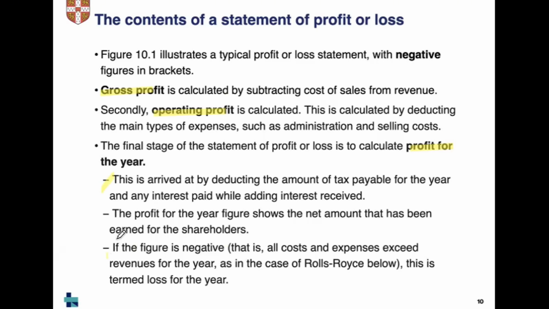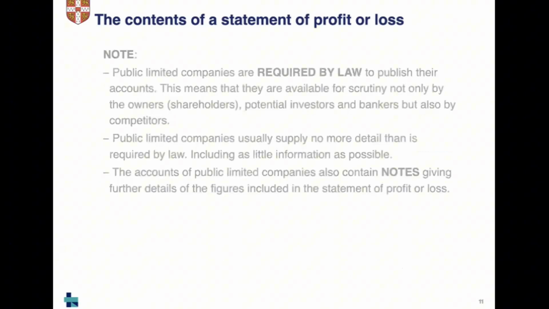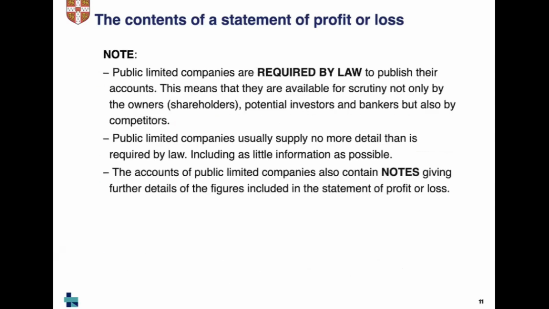And then the last point says that if it's a negative figure, that is costs and expenses exceed revenue for the year, as in the case of Rolls-Royce. All right, so we'll look at that case study and then we'll see how Rolls-Royce made a loss for that particular year.